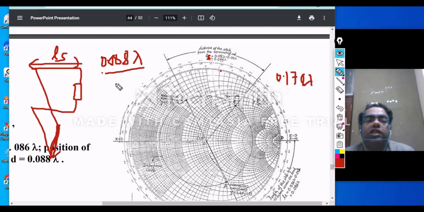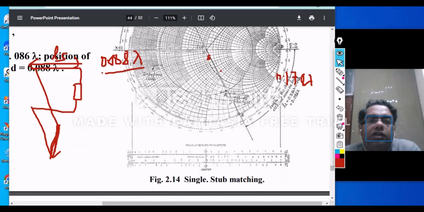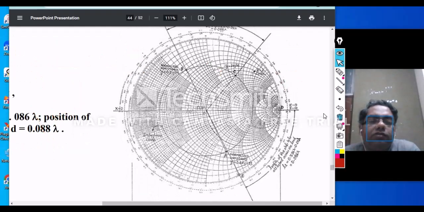And we are considering admittance. So if we consider this as an impedance chart, for an impedance chart this extreme right point denotes the open circuit and this extreme left point denotes the short circuit.